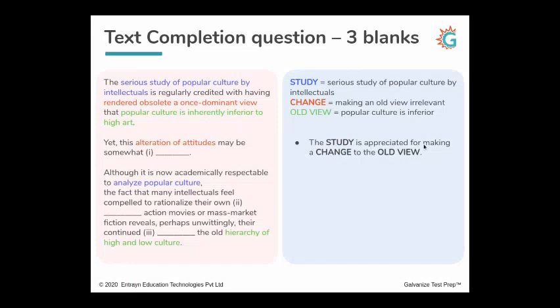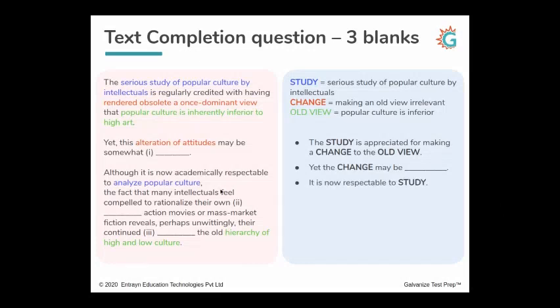The study is appreciated, credited is basically appreciated, for making a change to the old view. Old view is popular culture is inferior to high art. Next. Yet the change may be somewhat blank. Okay, let it be blank. Now let's look at the next part.